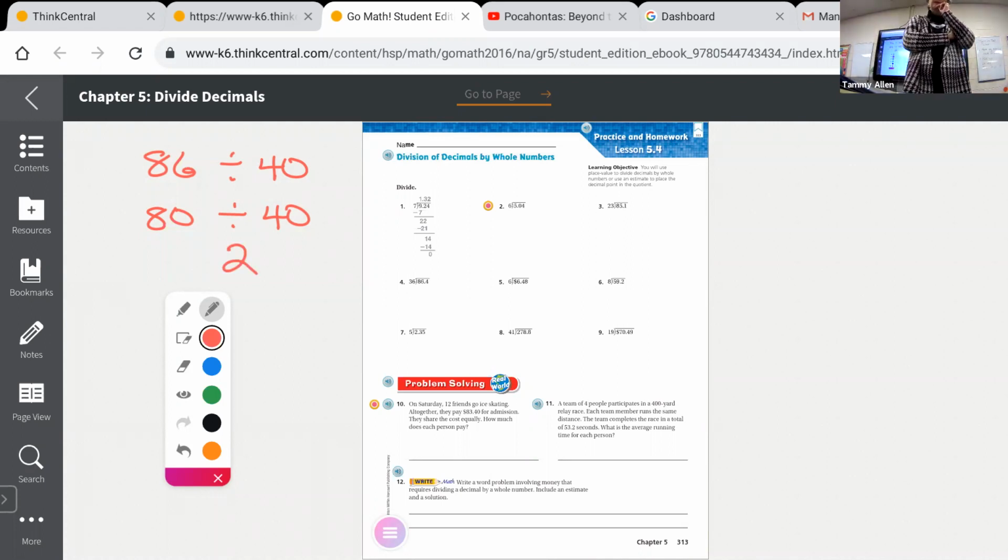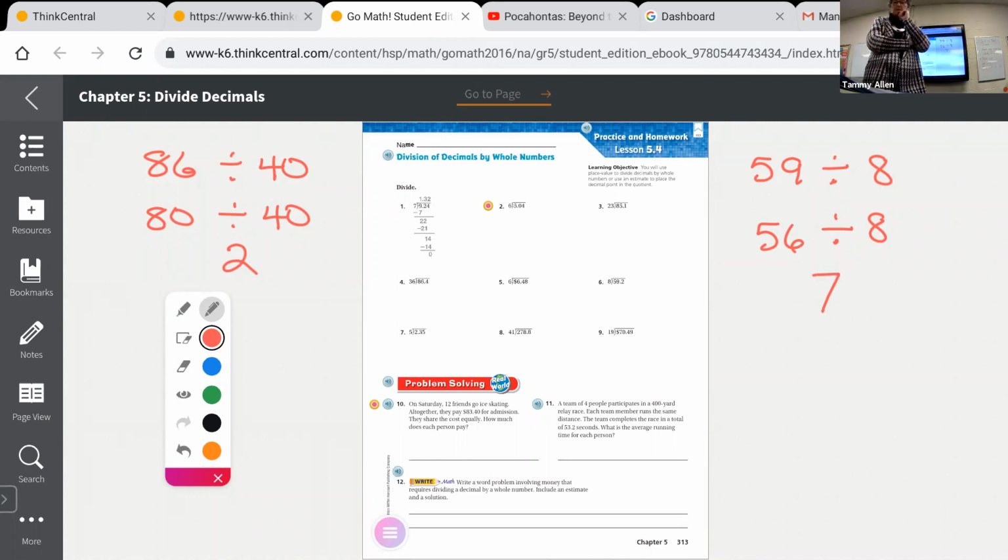So the actual is 2 and 4 tenths. Okay? Number 6. 59 divided by 8. We want to know a multiple of 8 that's close to 59. 56 divided by 8 is 7. Okay? The actual is 7 and 4 tenths.